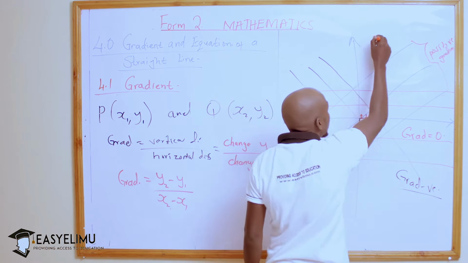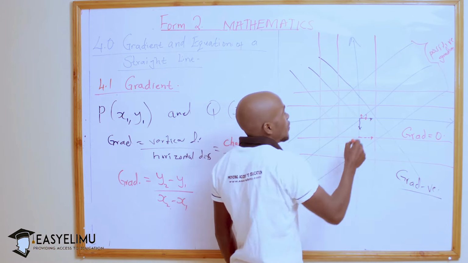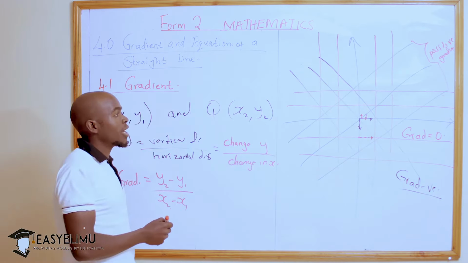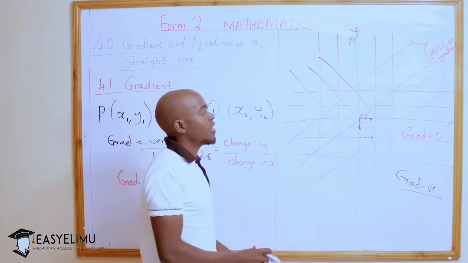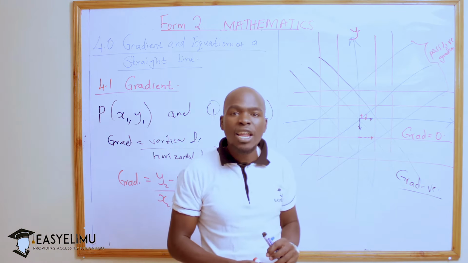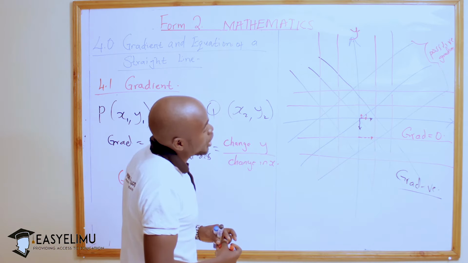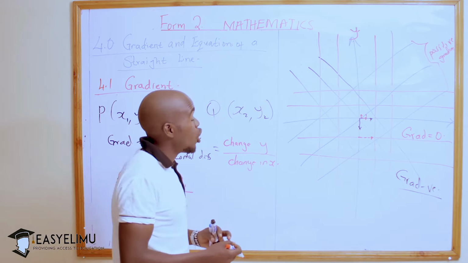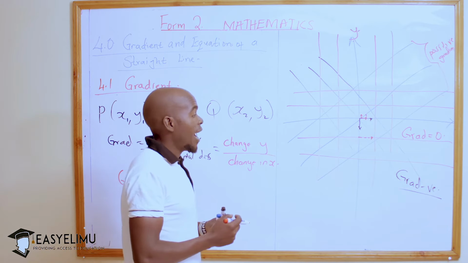But those lines which run vertical to the x-axis, meaning that they are parallel to the y-axis, you will find that those lines will have no gradient, or the gradient will be undefined, because there is no increase in x. x remains the same, but an increase or decrease in y does not have an effect on x.